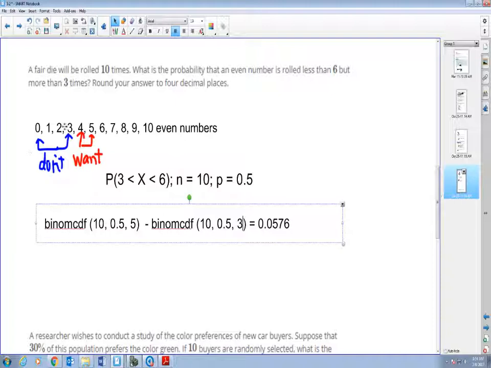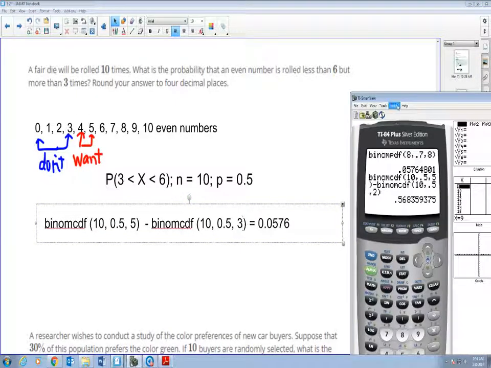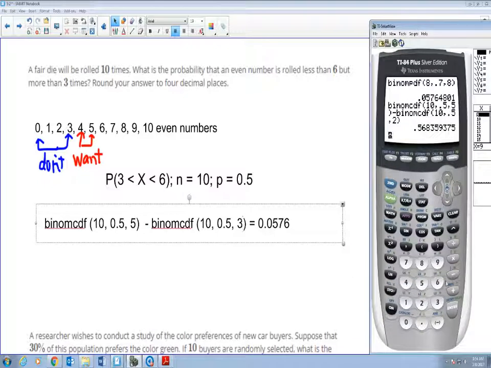Figure out what I want, subtract off what I don't want. I just changed one number. The first 5 is right, the second one needs to be a 3. That's the answer: 0.4512.